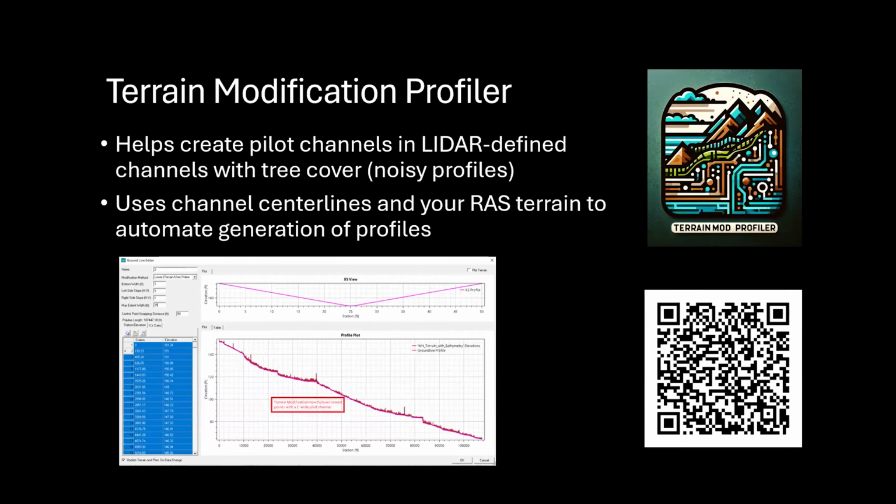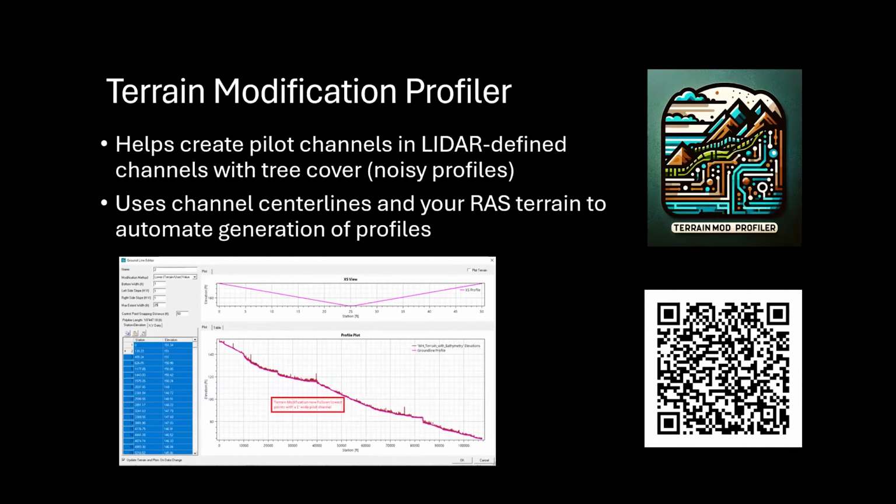We had a need to create pilot channels for our terrain mods on multiple large-scale models that had miles and miles and miles of centerline, to generate these profiles manually. But we did have centerlines already. So we generated a script with simply a couple of inputs. The only input is the centerlines of the channels you've chosen to represent the ones that have your noise issues that you want to convert into a terrain modification.